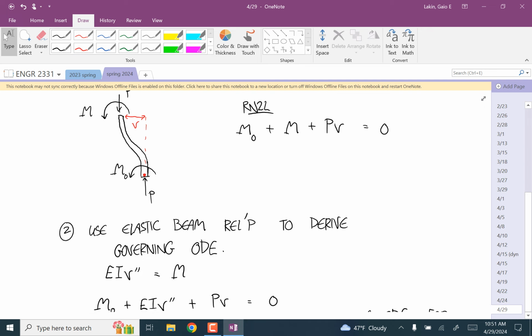So it just means that the reaction load required to keep that thing in equilibrium is changing. We just have to take it into account. I'm just wondering, if you had a material that had a really big M naught value, you'd be less prone to buckling. Oh, I gotcha. Can we see that appear in any of the modeling we've done?